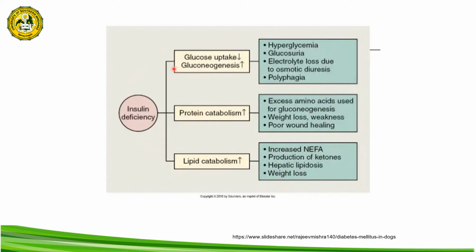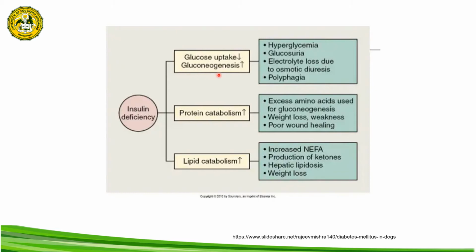So first, because insulin is deficient in the blood, there will be a decrease in the uptake of glucose into the cell. Because of the decrease in the uptake of glucose in the cell, that cell would normally respond by increasing gluconeogenesis.